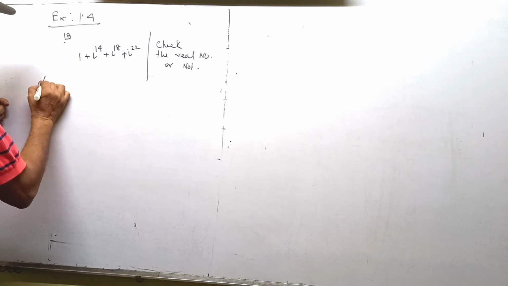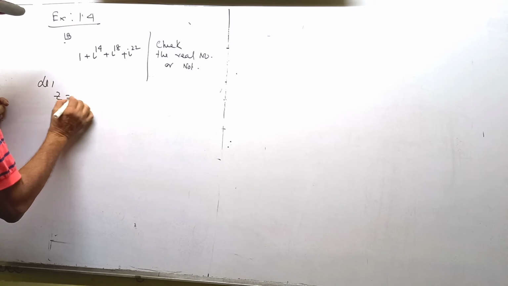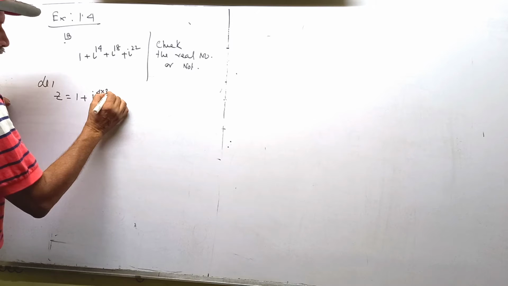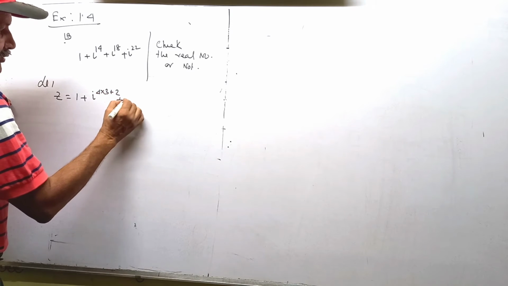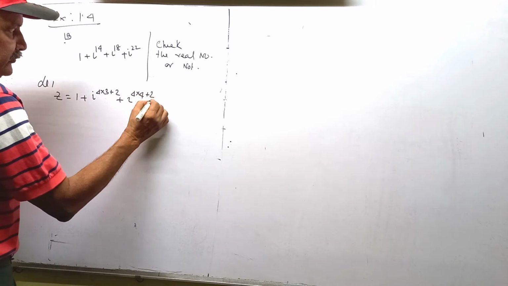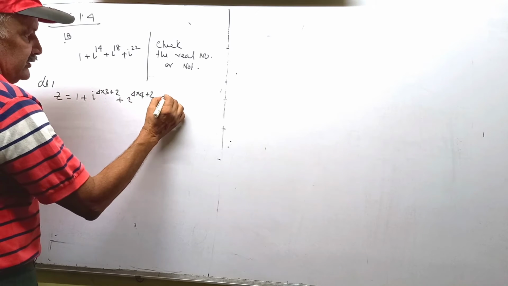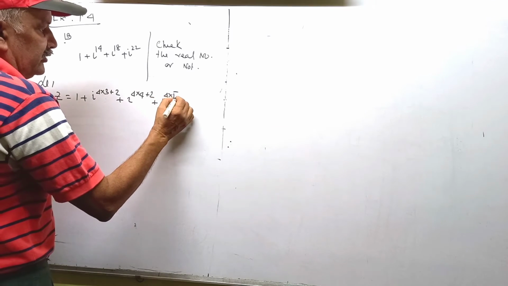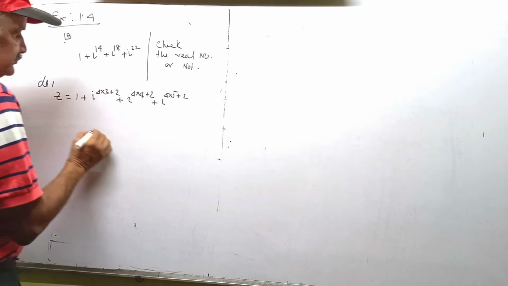Okay, let z equal to i^13 + i^18 + i^22, which is i^(4×3+1) + i^(4×4+2) + i^(4×5+2).